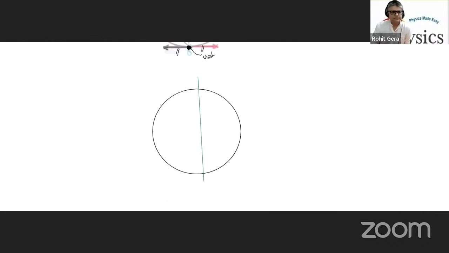Let's take a disk, and let's take some points on top of the disk. So this is 2, this is 1, and you can mark different points, 3.